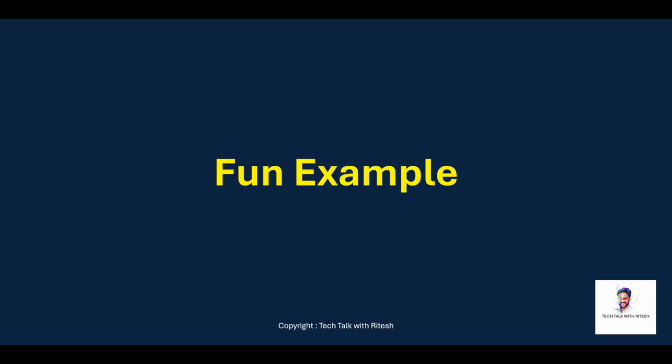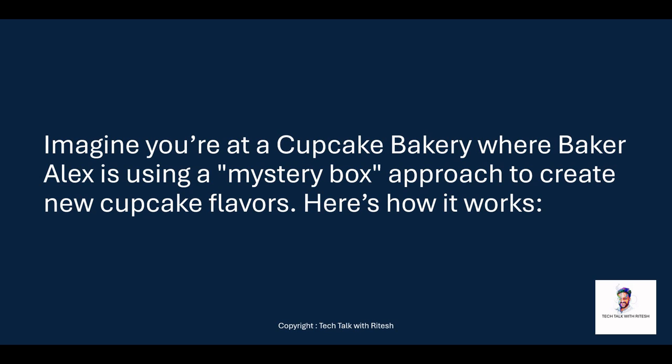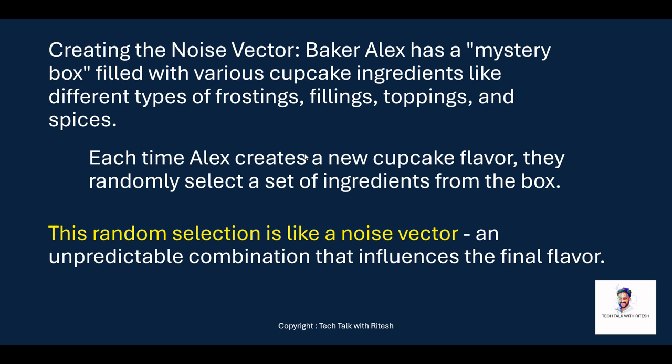Okay, let's see a fun example. Imagine you are at a cupcake bakery where baker Alex is using a mystery box approach to create new cupcake flavors, and let's see how it will work. So we are at the cupcake bakery shop, and Alex has a mystery box. Let's see, creating the noise vector. Baker Alex has a mystery box filled with various cupcake ingredients like different types of frosting, fillings, toppings, and spices.